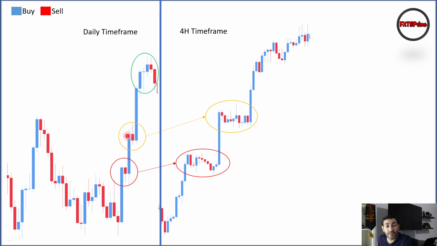This is the big candle here, and this is the continuation pattern here. And if I go to the next one here, you will find this is this area. This is where the price has started to resist, and on the lower time frame I can see rejection candles here and I can place my order from this area.